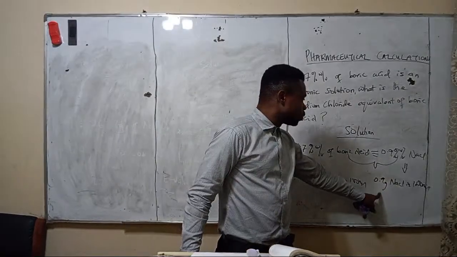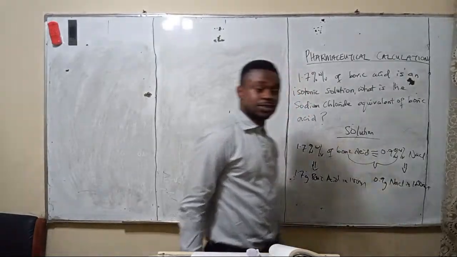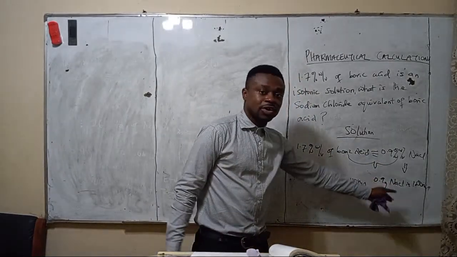This one also means 0.9 gram of sodium chloride in 100 ml solution. So this one means 0.9 gram of sodium chloride in 100 ml solution, and this one means 1.7 gram of boric acid in 100 ml solution. So they are in the same 100 ml solution.